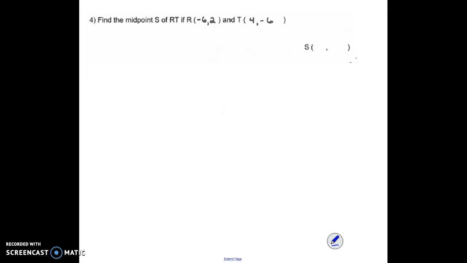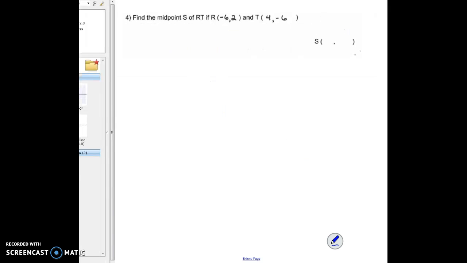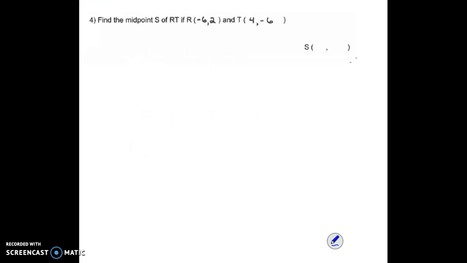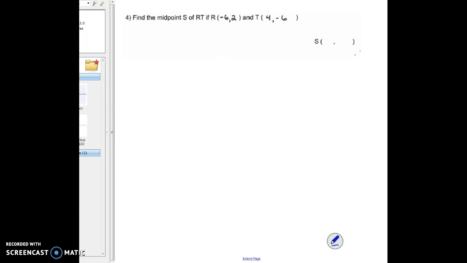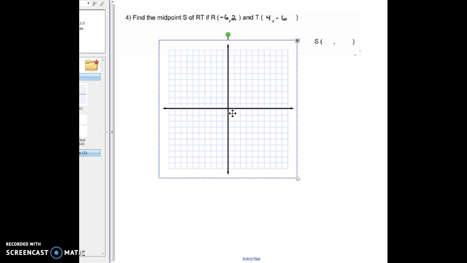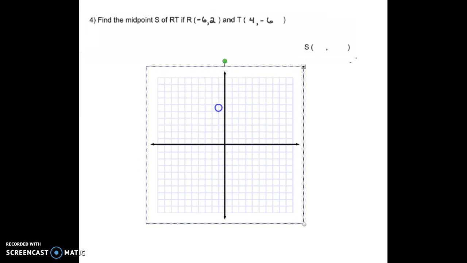Find the midpoint. Now, in this problem, you've got to look at something a little different. Let me throw out a piece of graph paper real quick. Okay, so it says find the midpoint.